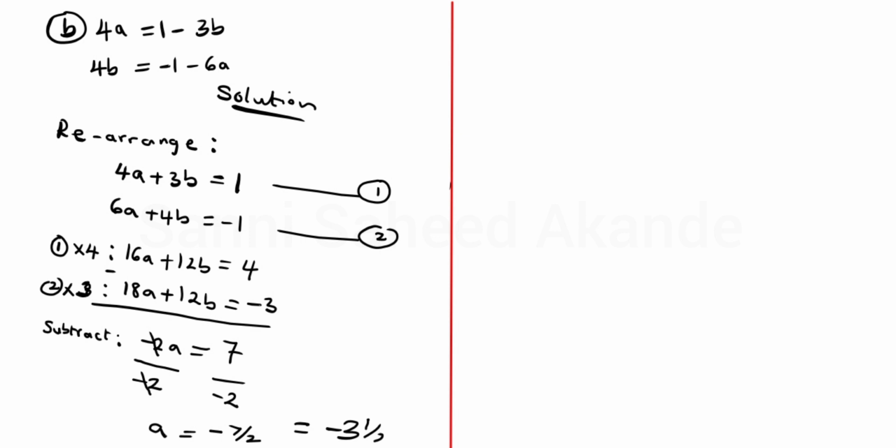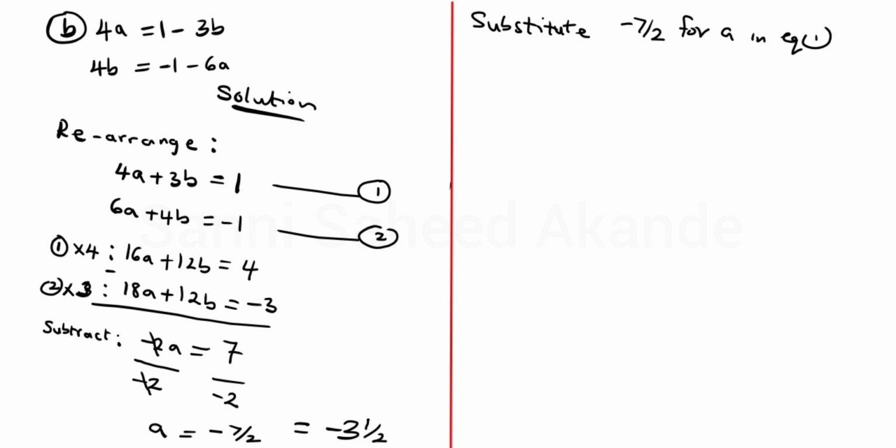Now that we have gotten the value of a, we are going to substitute minus 7 over 2 for a in equation 1.